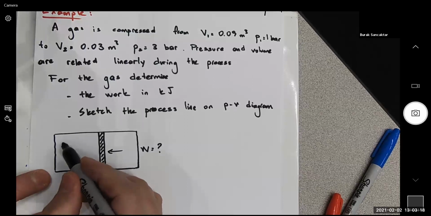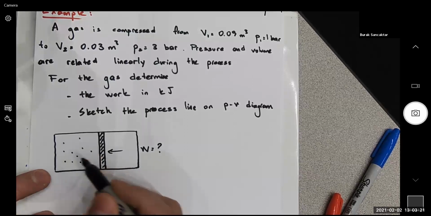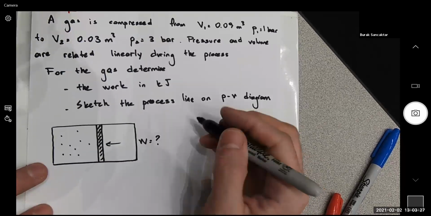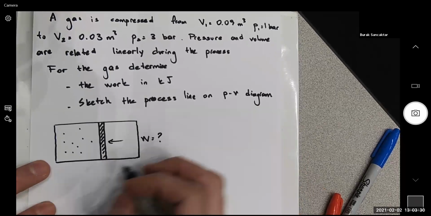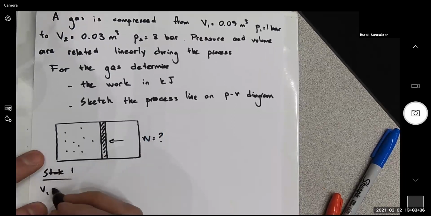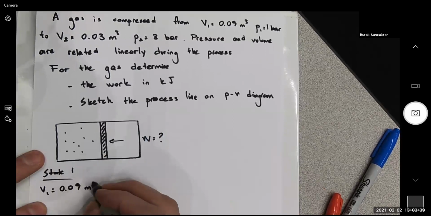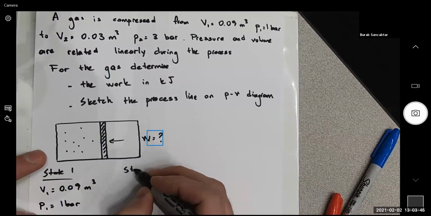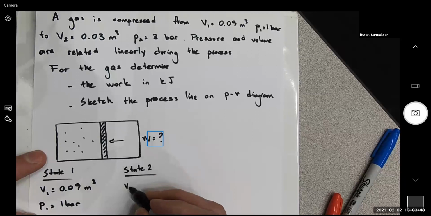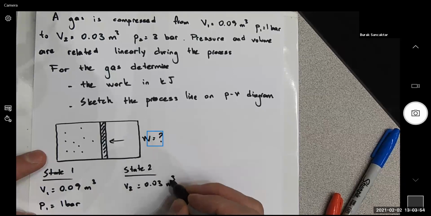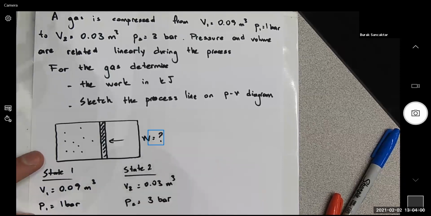When I have gas here and I compress it, for state 1, volume 1 is 0.09 meter cube and pressure is 1 bar. And my end state, state 2, is volume 0.03 meter cube, pressure 3 bar.